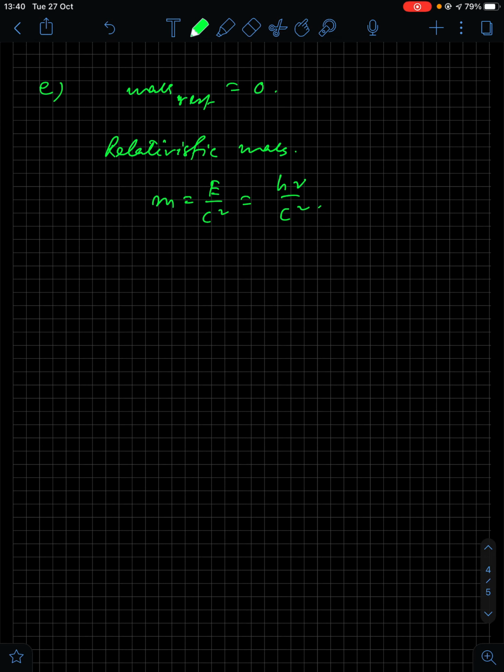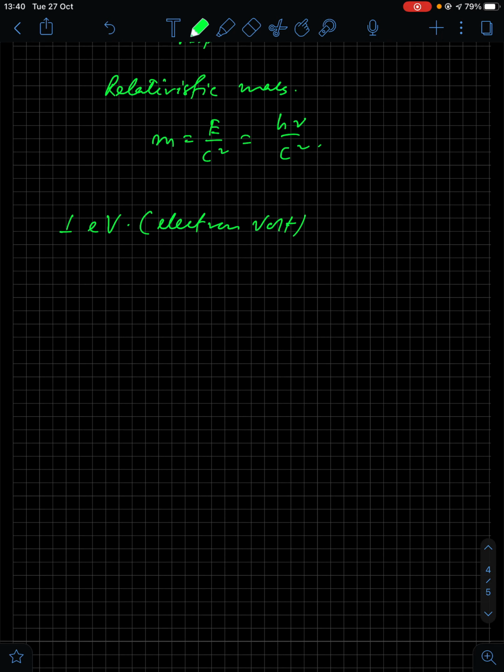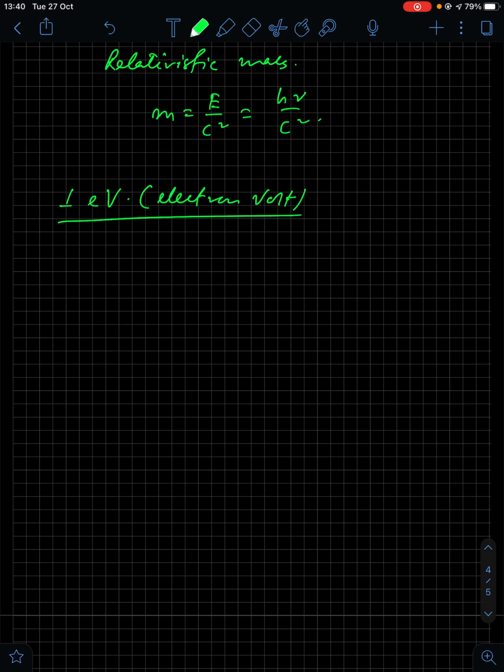Now we come to the definition of electron volt, 1 eV. This is one more unit of energy. When you say the energy of a photon or an electron is 1 electron volt, say you have a metal plate and you have these electrons, and you apply plus 1 volt here. V is 1 volt, and the charge is e.